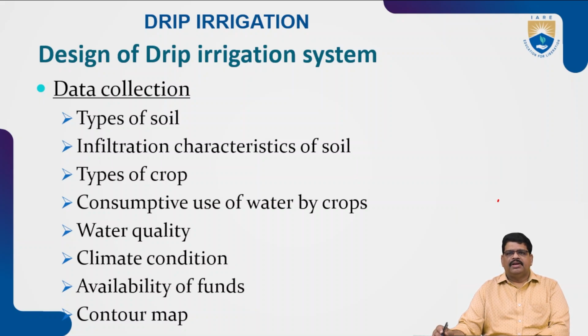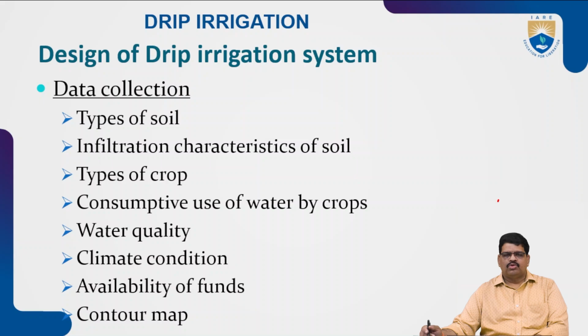Next, availability of funds. First of all, funds have to be provided for purchasing all the equipment. That is the main important thing. Suppose some farmers have 5 acres, 2 acres, 3 acres, 10 acres.